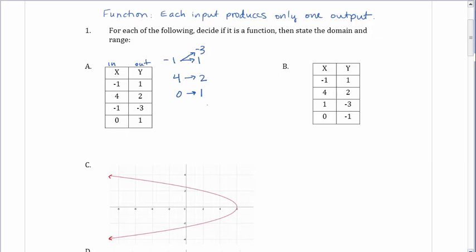So in this particular case, right here you can see that an input of -1 produces two separate outputs, so this is not a function.